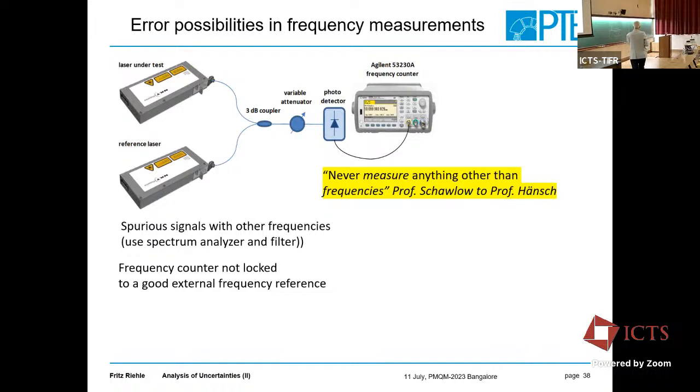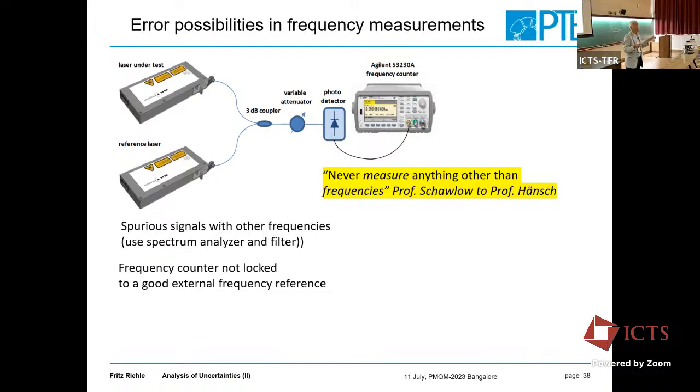And I have talked to some of my colleagues, and one came and said, yes, the first measurement of the ytterbium ground state frequency, we have made this error. We have locked the frequency to a GPS disciplined oscillator, but we forgot to put up the antenna so that the GPS signal could be received.